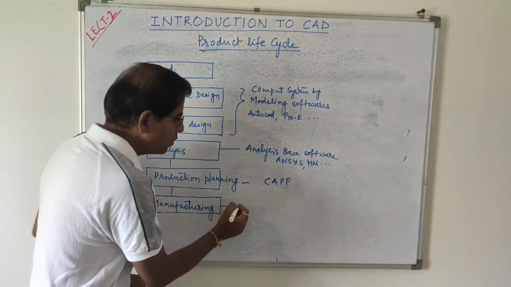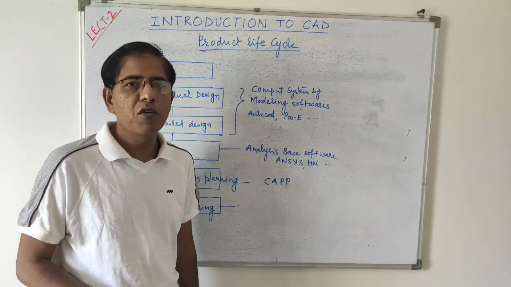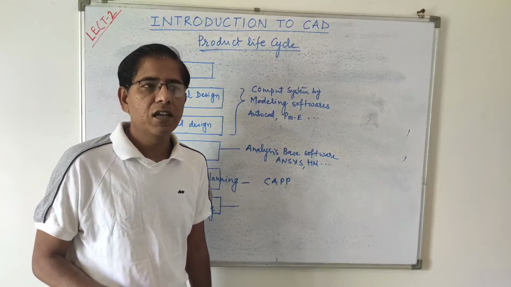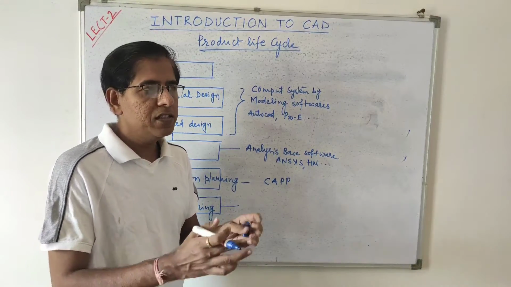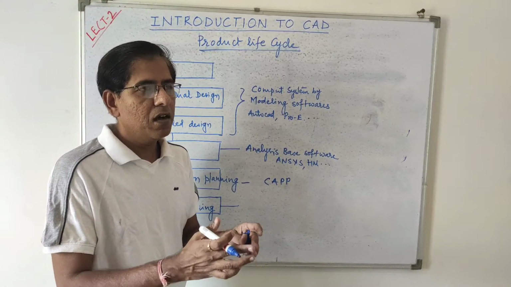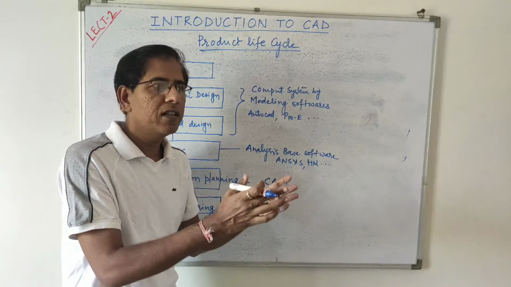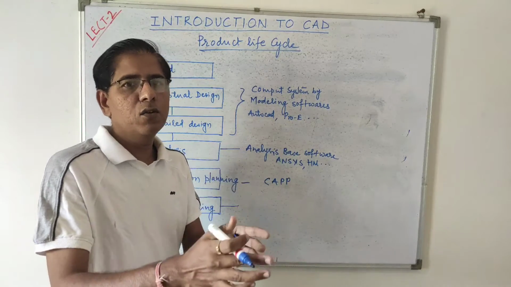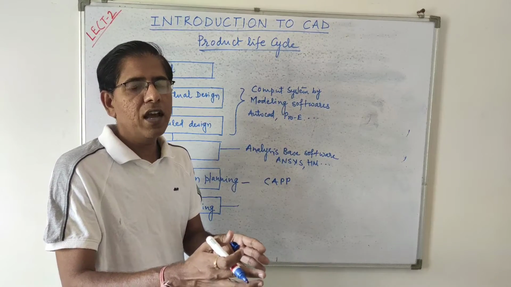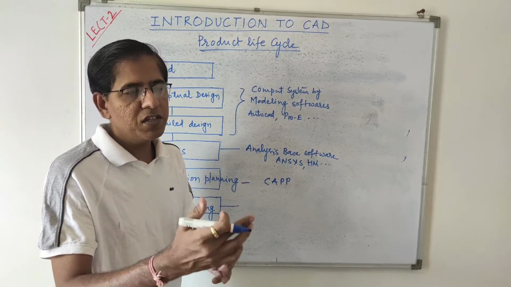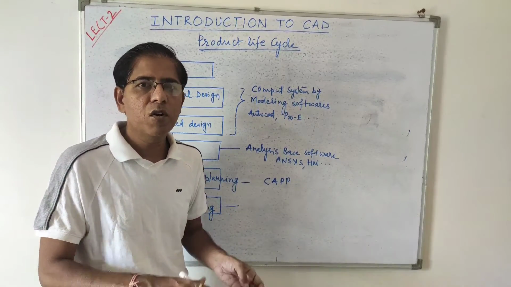In manufacturing also, we can implement the computer system in the form of CNC based manufacturing. In CNC based manufacturing, certain instructions are written in the computer, and those instructions are fed to the CNC machine, lathe machine, and the CNC machine manufactures the product as per the instructions coming from the computer system.